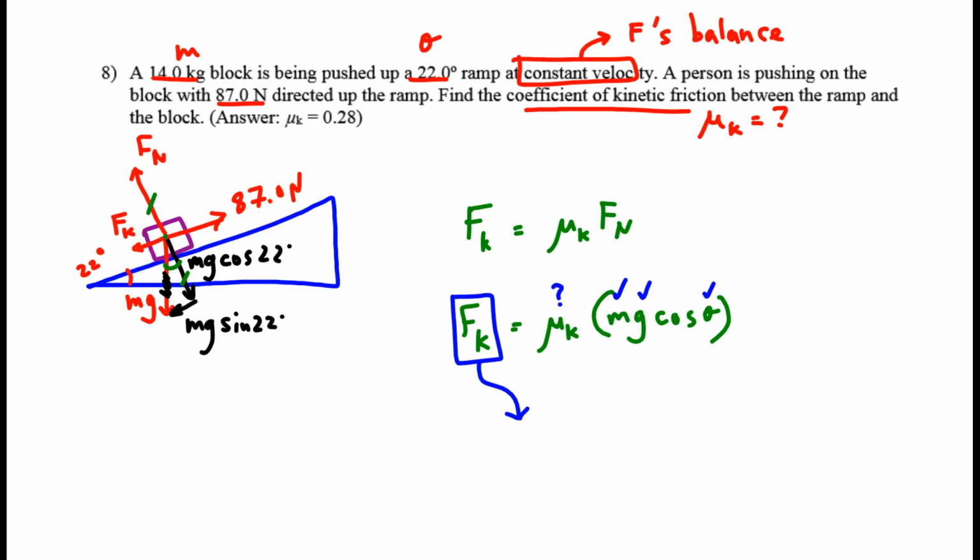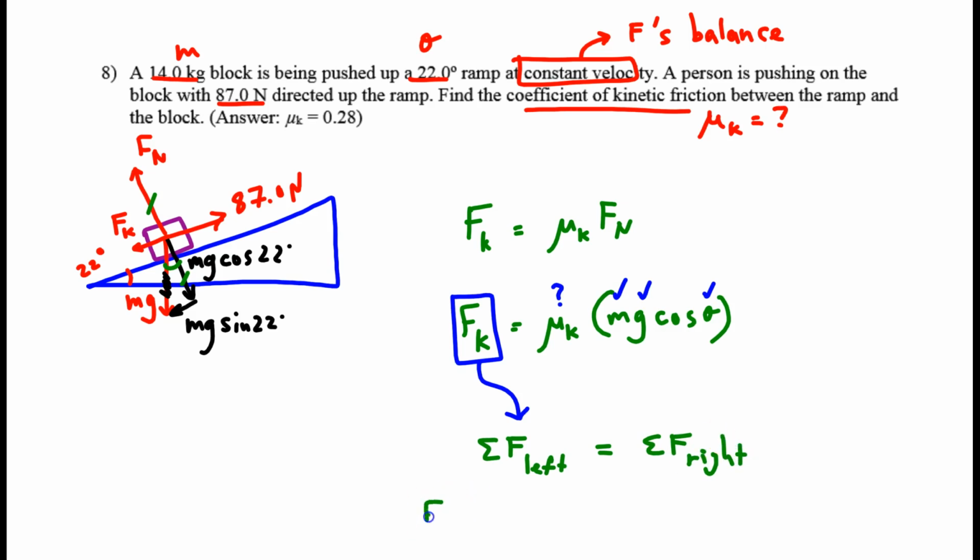So how do we find Fk? We balance the leftward pointing forces. There's Fk pointing to the left. Mg sine theta points to the left. We balance those against the rightward pointing force, which is just the 87 newtons. So we're using sum of the left pointing forces is equal to the sum of the rightward pointing forces.